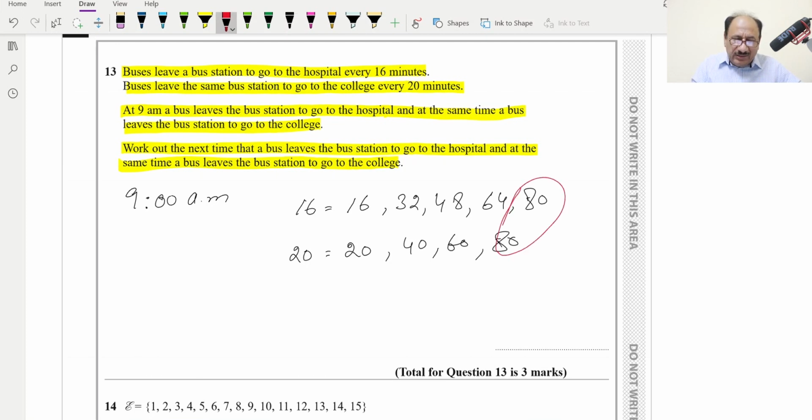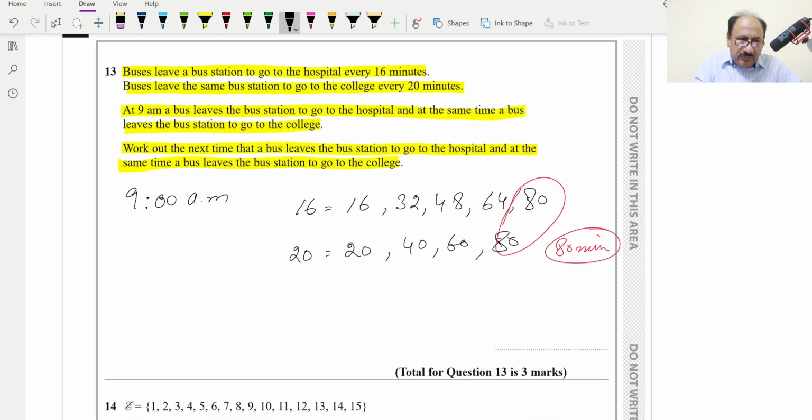So after 80 minutes, next both buses will be leaving the bus station, one for the hospital and the other for the college. So 80 minutes we have to add in this one.